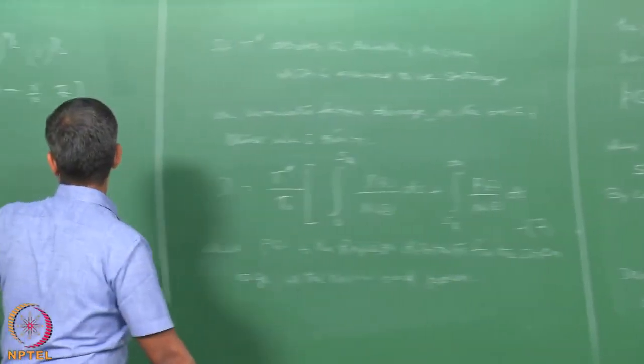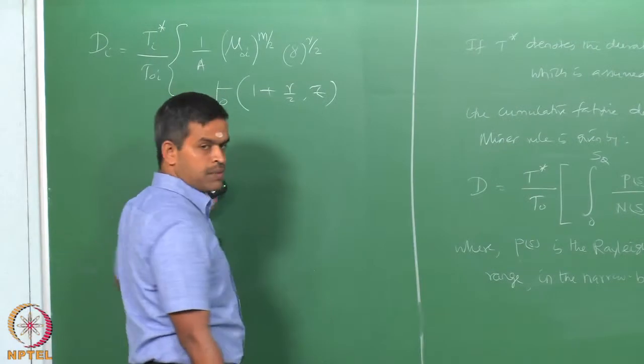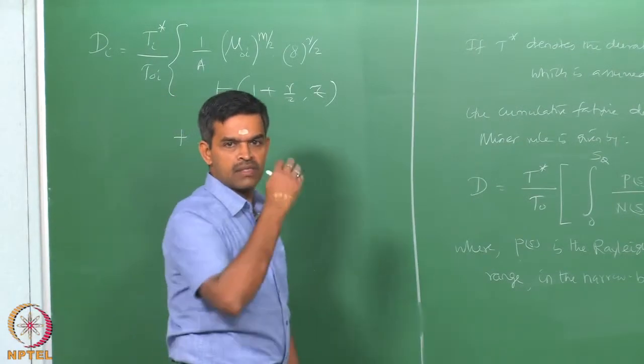One is with the slope a or the constant A, other is with the slope c or the constant C, as we discussed earlier also.